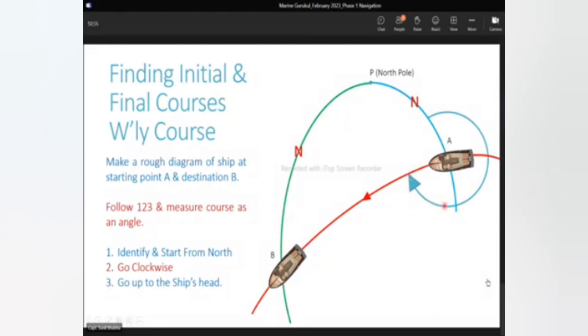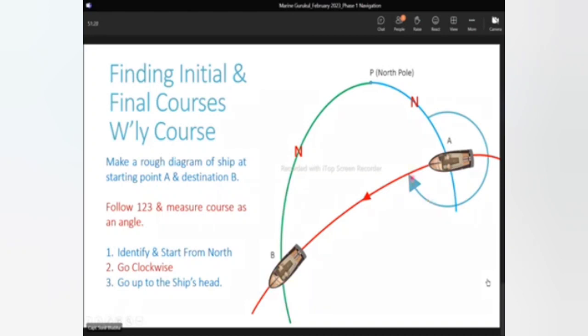This light blue arc and arrow shows us the initial course of the ship. Now from the cosine formula, we are able to find out the internal angle of this triangle, that is this angle A. But for the initial course, the angle which we need to find is this complete outer angle.